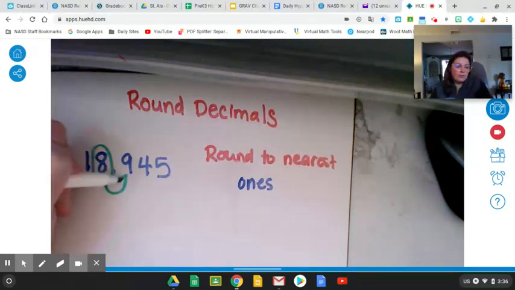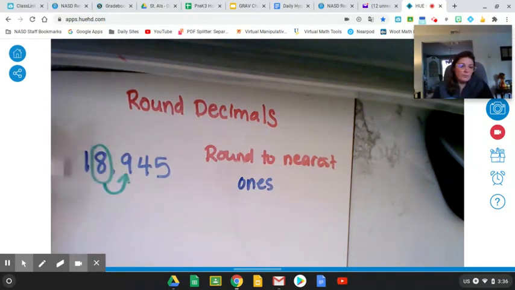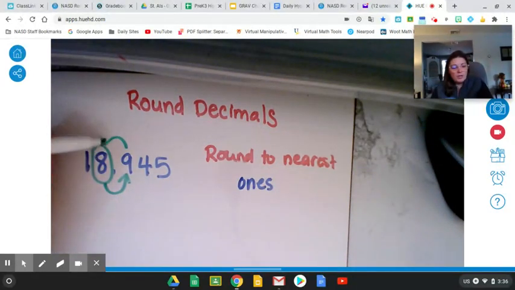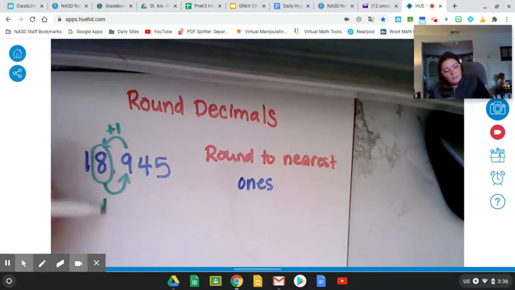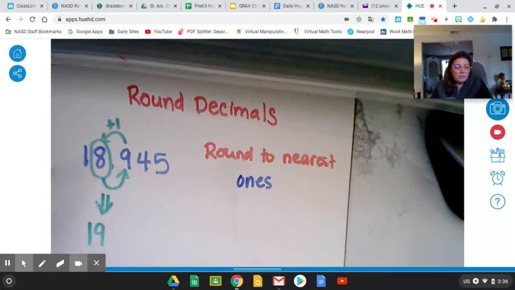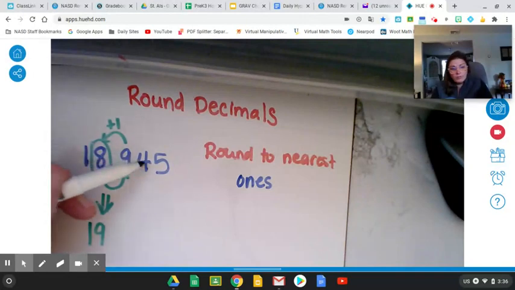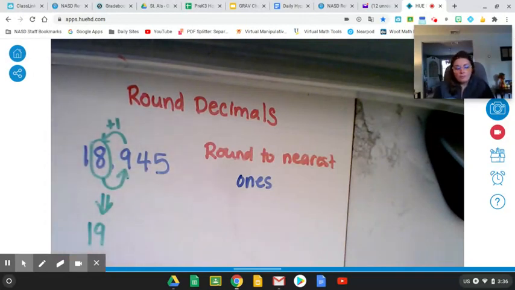Look to the neighbor, the boss. 5 and above, give it a shove. So the 9 has to boss the 8 around and say, get bigger by 1. So the 8 will turn into a 9. This tens place is the same because it was not affected. And then the boss and all of his little followers go away.